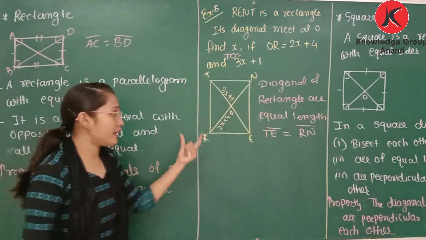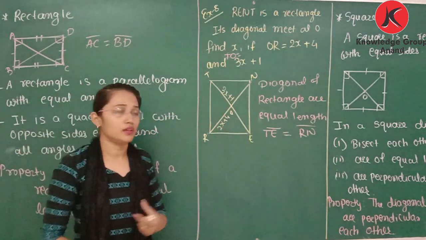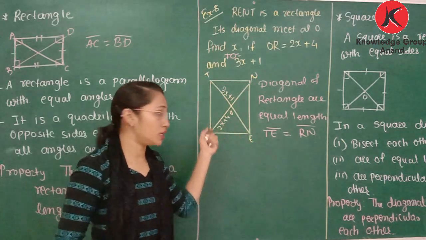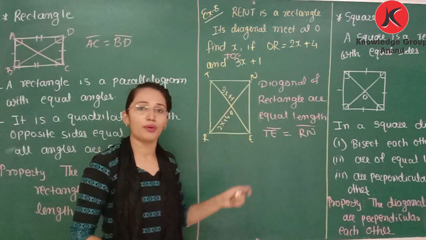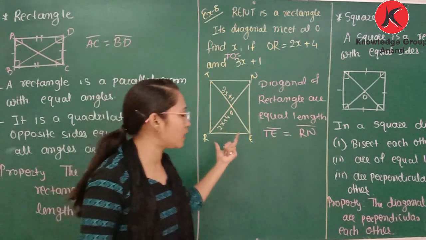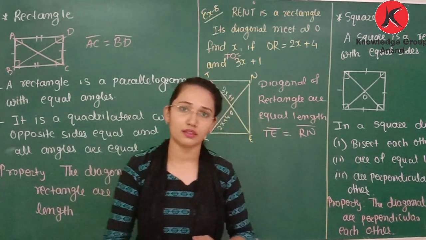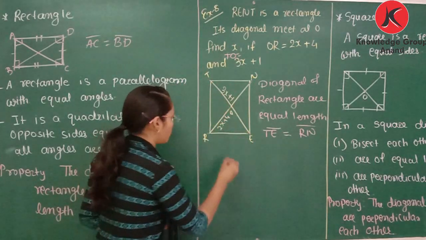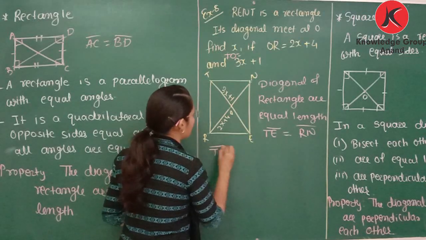Now if we divide them into equal parts, we make two equal parts of TE. Why? Because it is also a parallelogram, and a property of a parallelogram is what? Diagonals bisect each other. If this is a parallelogram, its diagonals also bisect. Means TO and OE are equal. So we can write TO is equal to OE.